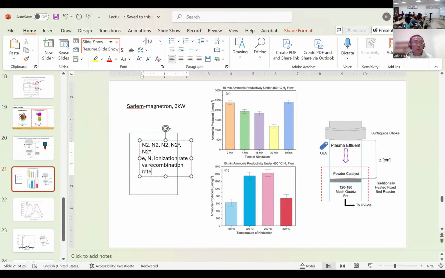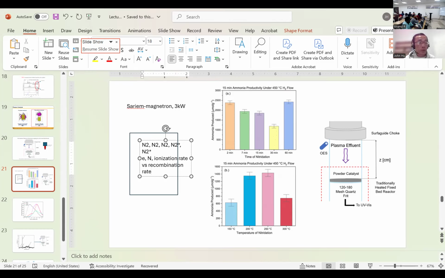Recombination is linearly or maybe even more strongly related to the concentration, depending on how many molecules. When these molecules collide with each other, they just recombine, and the ionization disappears. But ionization requires more power. That's why I suggest you use high power to keep them ionized. But keep in mind, you have more molecules trying to recombine.